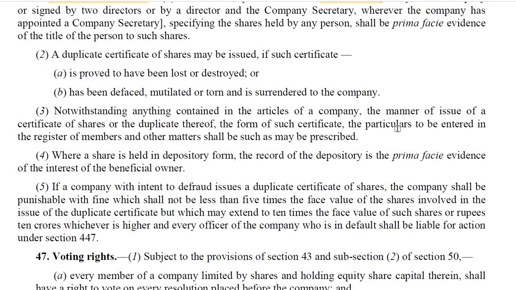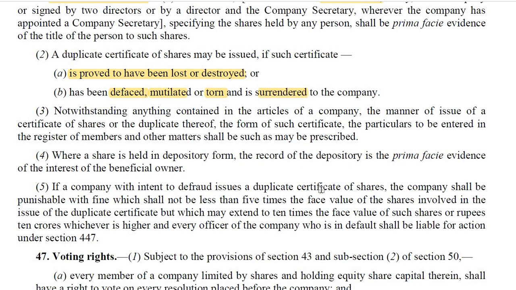A duplicate share certificate may be issued if such certificate is proved to have been lost or destroyed, or has been defaced, mutilated, or torn, and is surrendered to the company.